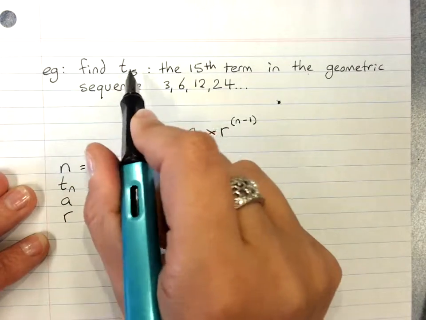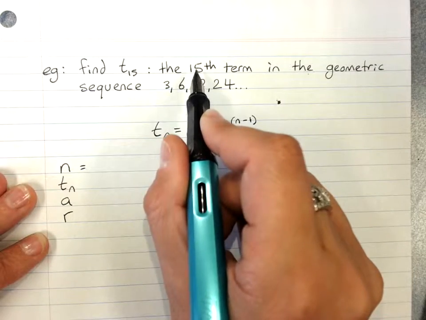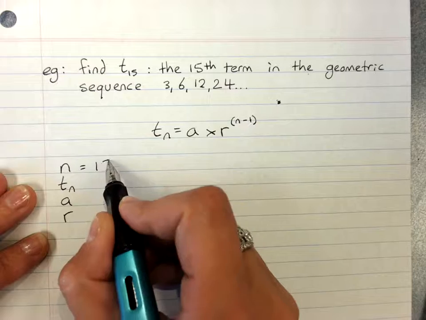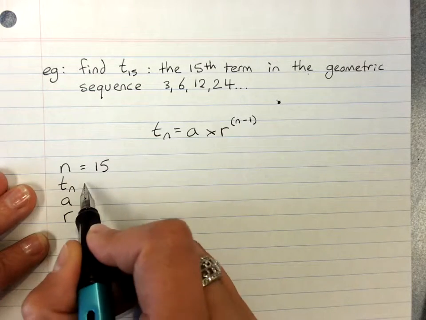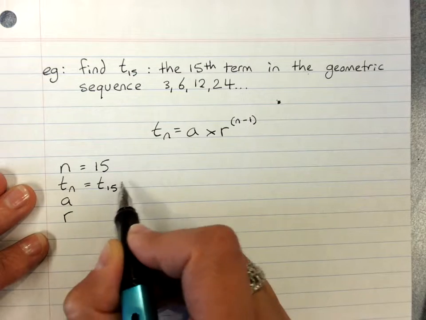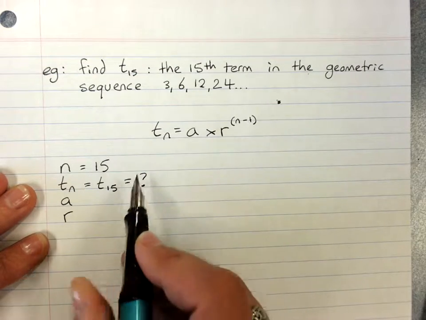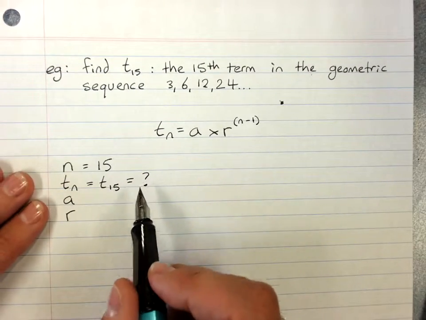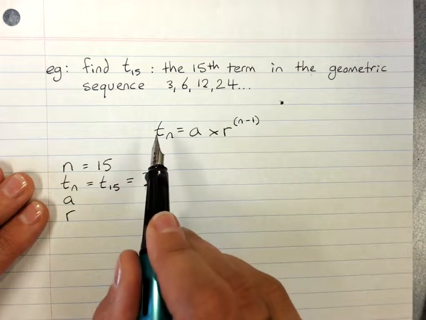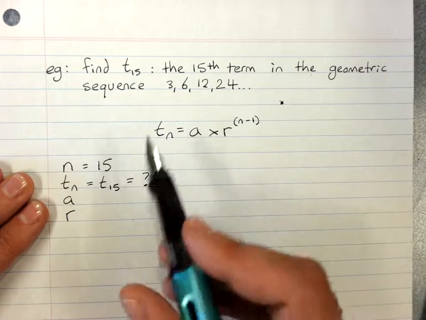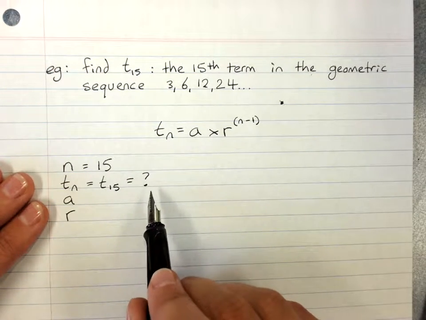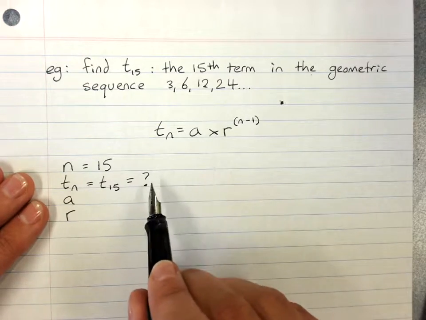They want the 15th term, which means n is 15. They want me to find Tn, but I'm going to redefine that as T15 and still say I don't know it. So when I substitute in the rule, I'm going to say I want to find T15, but my overall goal is to find out what that is.